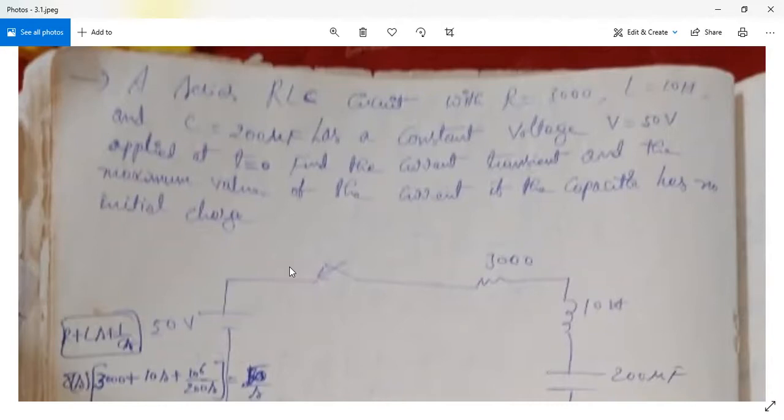Find the current transient and the maximum value of the current if the capacitor has no initial charge.